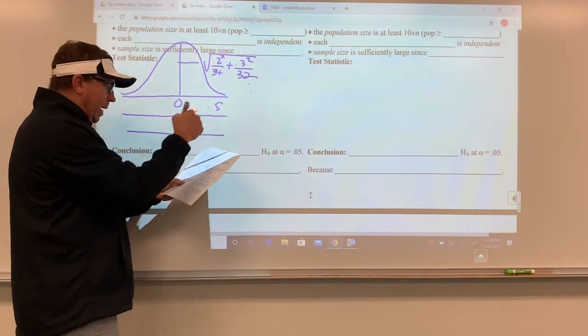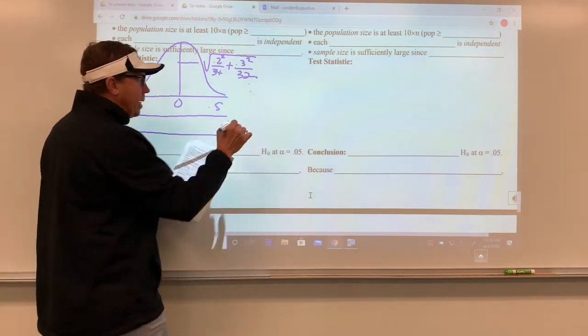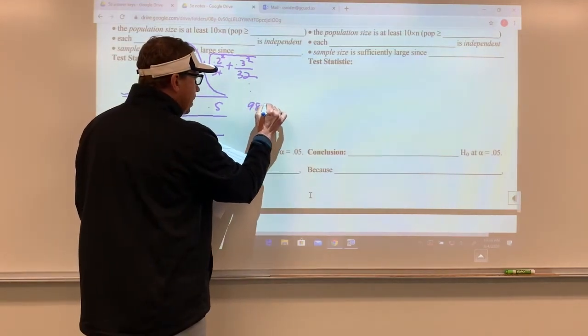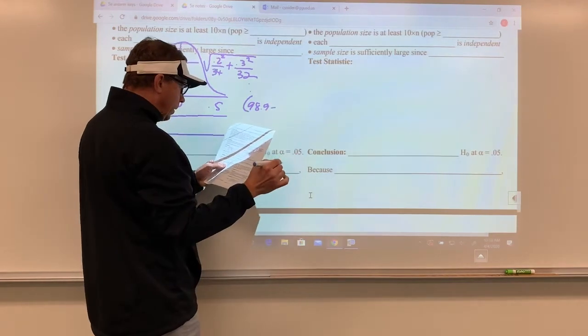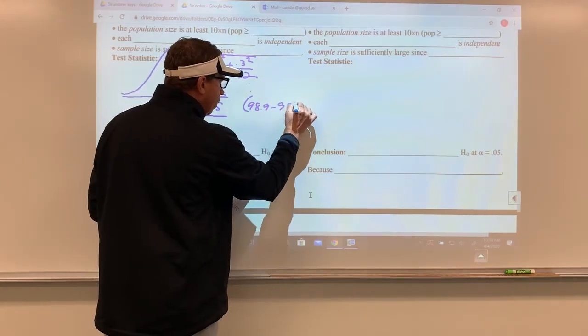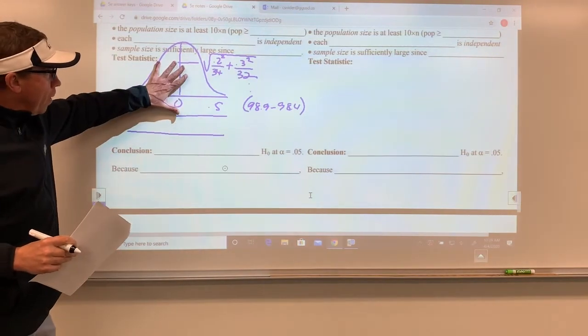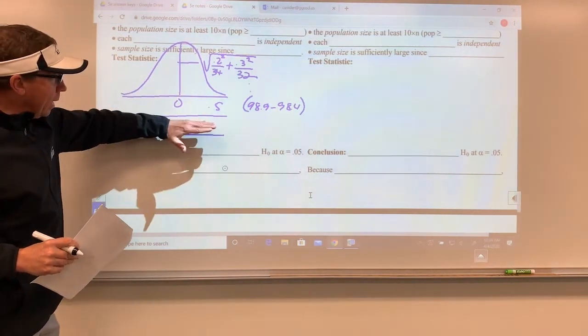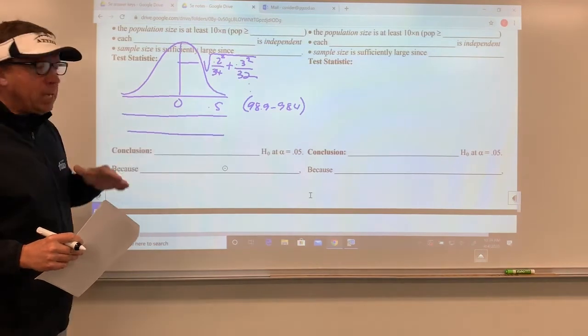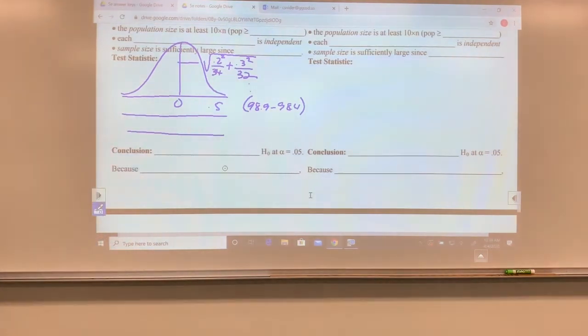And I got this by going 98.9 minus 98.4. No problem. That's how I got that 0.5. And now I'm going to put it in the calculator, and I'm going to let it get the t-score and the p-value for me, okay?